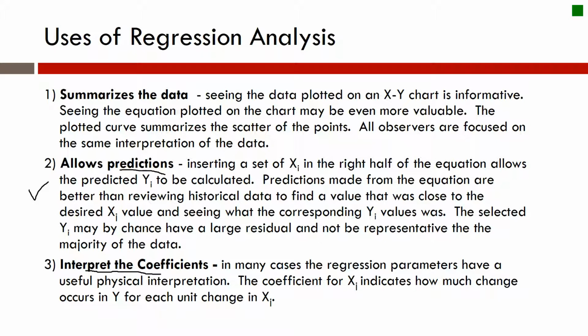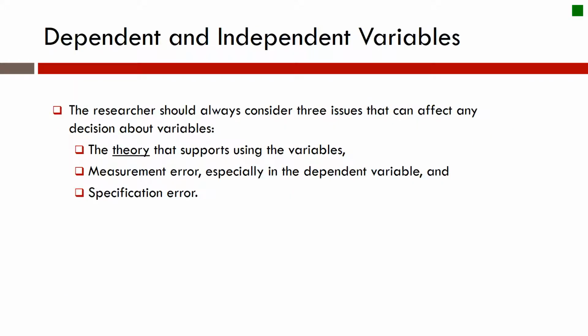So I want to know how much of an impact, and then I can increase advertising to reach a certain sales point that is important to me. So it allows me to predict things, but it also allows me to use the coefficients to actually make managerial decisions. So we lean on theory, we lean on experience and knowledge of the variables to create a realistic variate that we're going to test.